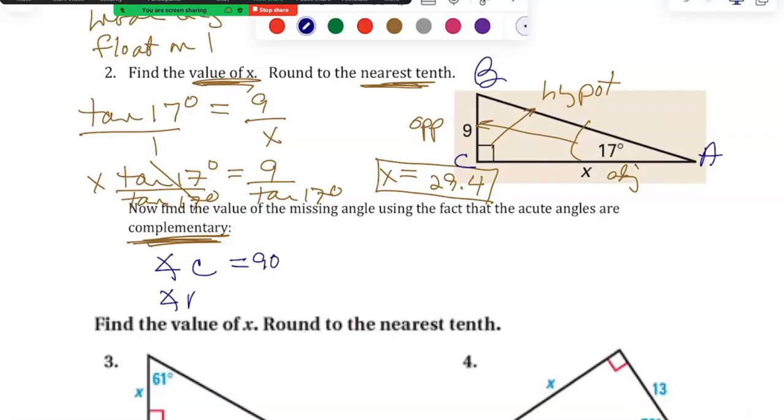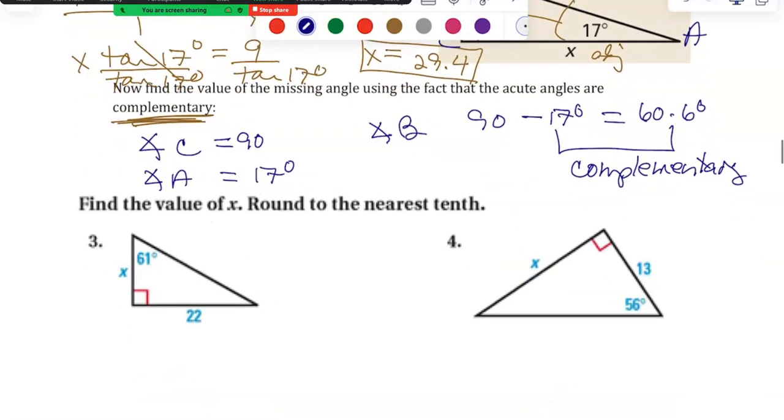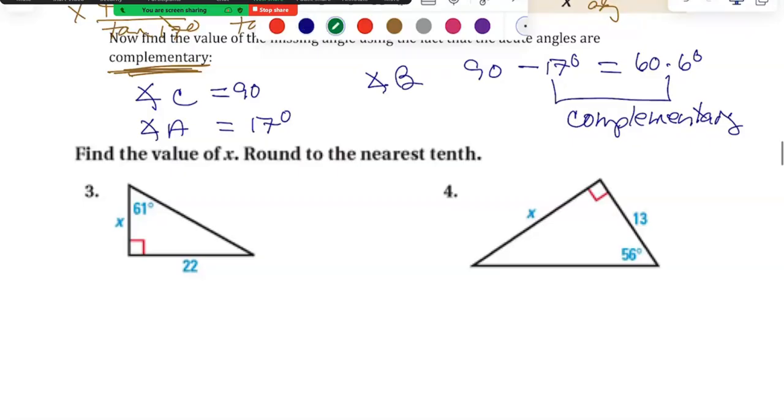I know angle A is 17 degrees. What's angle B? Angle B is going to be 90 minus 17 degrees, which is 73 degrees, because these two angles are complementary. They are the acute angles of the right triangle. Okay? Let's keep going.